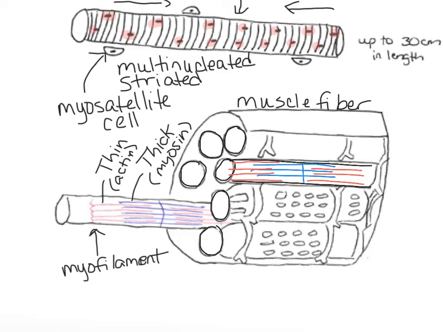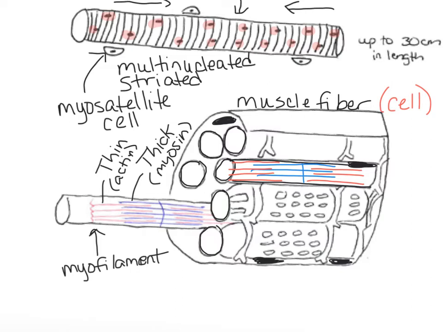Now the muscle fiber itself, so the muscle fiber or muscle cell, like I said, it's multinucleated. There are a lot of nuclei in this cell, right? So there's going to be nuclei pretty much scattered throughout this cell. So these nuclei have the ability to make more of those thick and thin filaments.